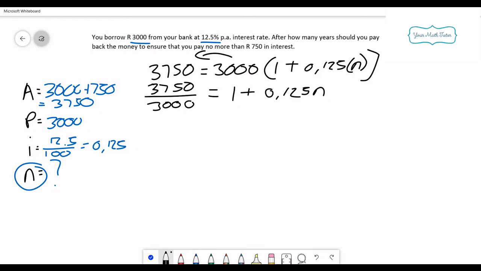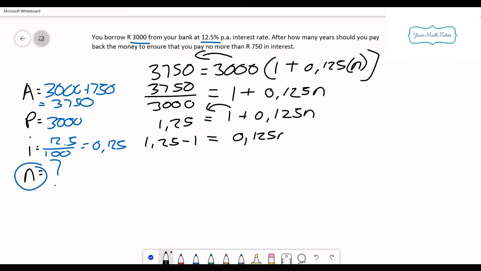And then that will be 1.25 is equal to 1 + 0.125n. And then we subtract 1 from both sides, so it's 1.25 minus 1 is equal to 0.125n. So that gives us 0.25 is equal to 0.125n.